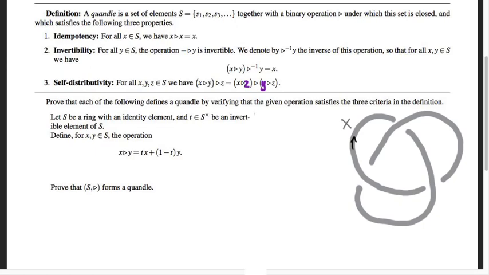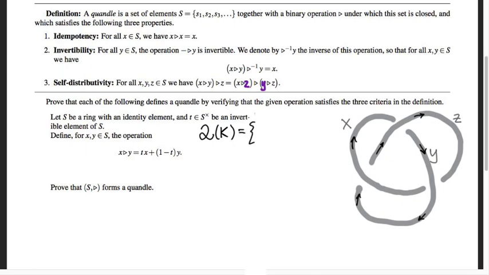So x is going to be this first arc, y is going to be my second arc down here, oriented now in this direction, and then z is going to be the arc out here, oriented in this direction. And so if we think of the trefoil as an oriented knot and then ask the question, well, what kinds of elements are in its fundamental quandle?